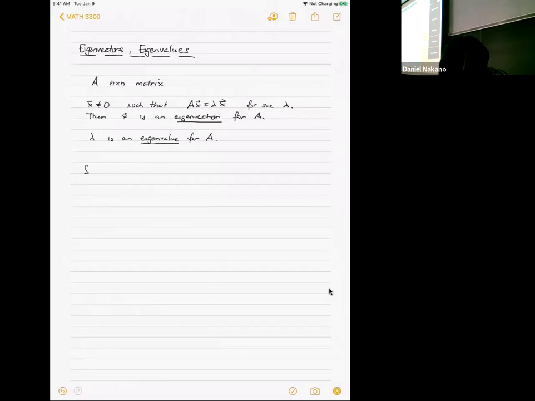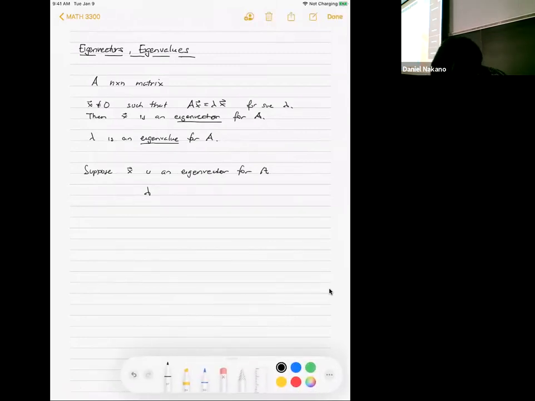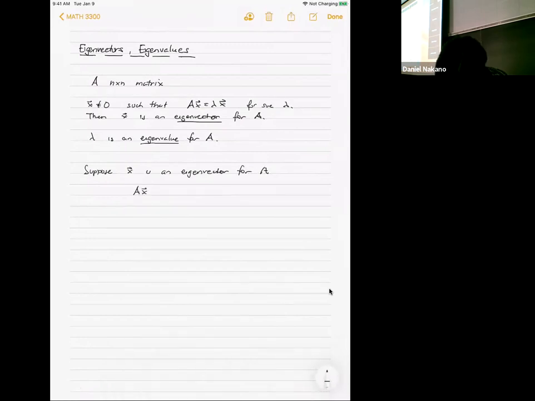Suppose x is an eigenvector for the matrix A. Then we have Ax equal to lambda times x.